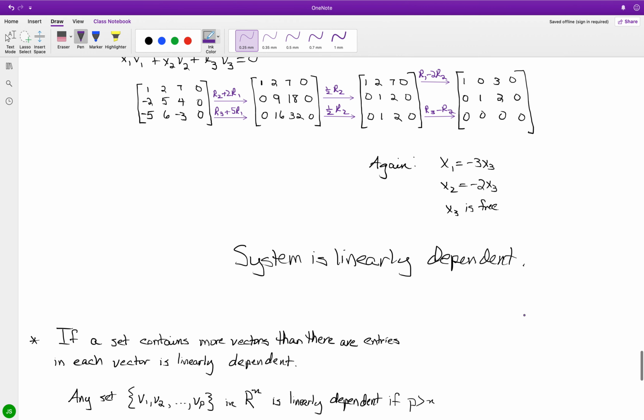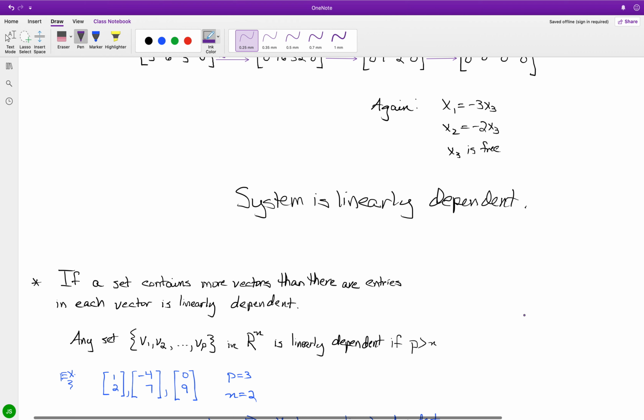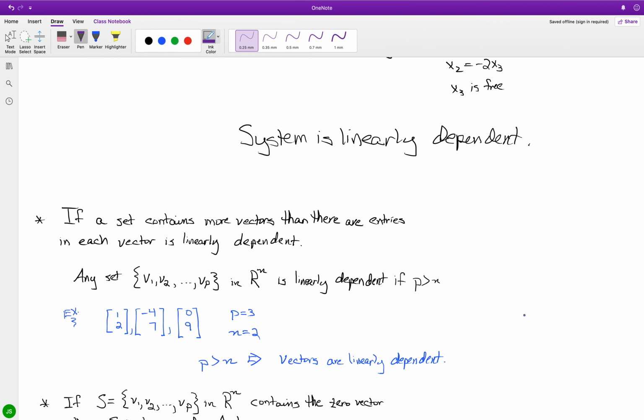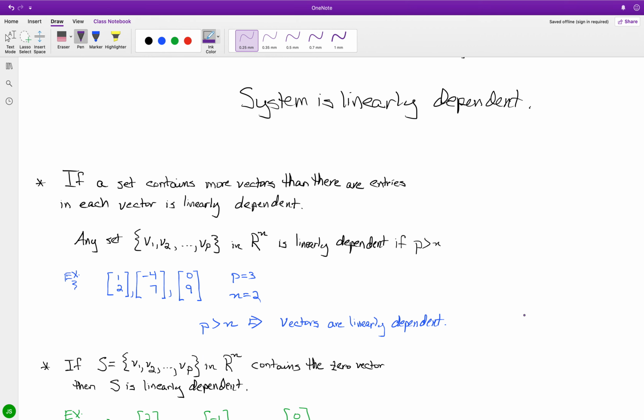All right, now just some basics here regarding two or more vectors. If we have a set consisting of more vectors than there are entries in each vector, then the set is going to be linearly dependent. So any set in Rn is linearly dependent if p is greater than n, where p is in reference to the number of vectors and n is in reference to the number of entries.